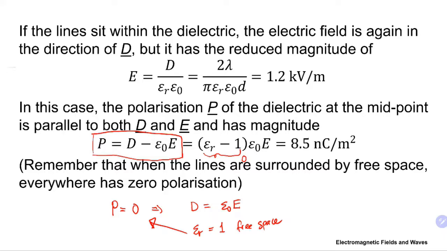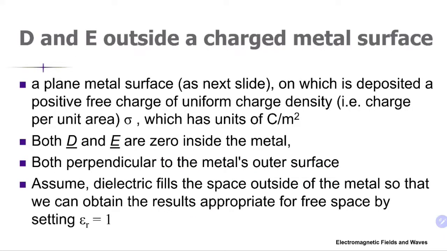Okay, so we're going to move on from there, carry on that topic. We're going to look at the electric flux density and the electric field outside a charged metal surface. Previously we have looked at uncharged surfaces of dielectrics, and then we have looked at Gauss's law.